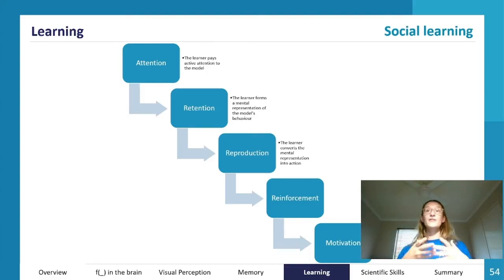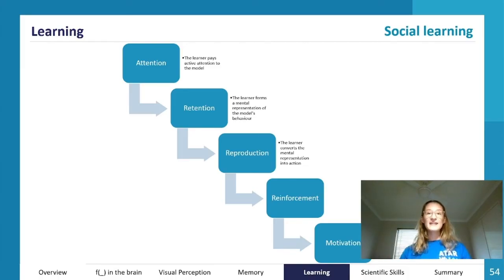So learning through observation. First up is attention. The learner must actively pay attention to the social model that they're trying to learn from. So for example, if I hadn't been paying any attention to what my sister had done, I wouldn't be able to repeat the behaviors and learn from what she was doing.